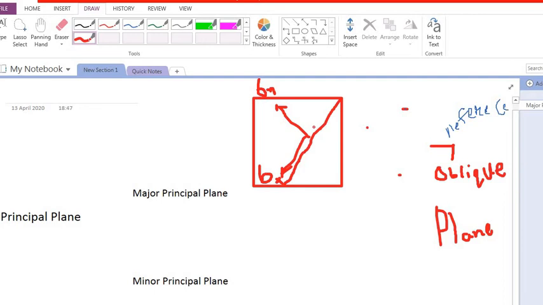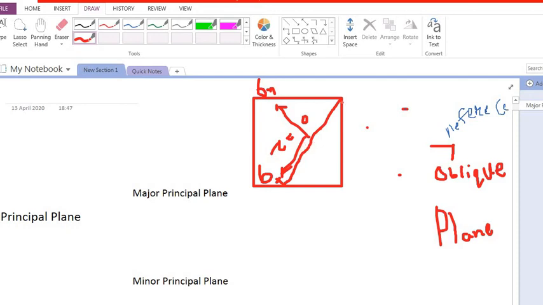When on the oblique plane the shear stress, tau, is equal to 0, then that plane will be called a principal plane.